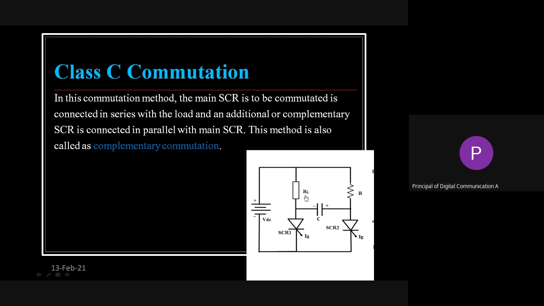These two loops are E, RL, C, SCR2 and back to the battery. Another loop is E, R, SCR2 and here. See the cursor.